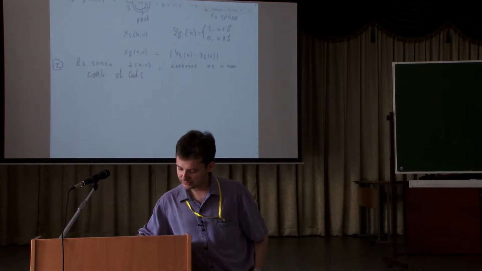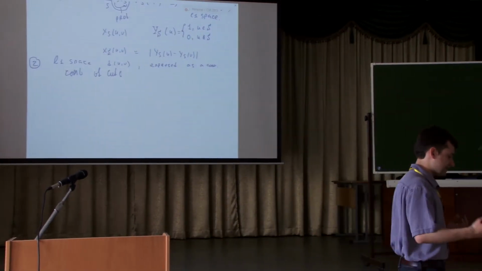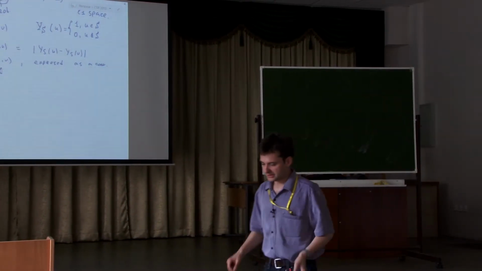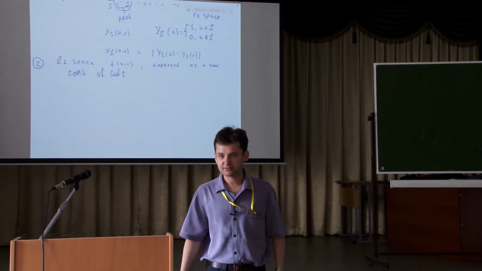So when we express any metric space as a convex combination of cuts, the maximum distance is not going to be more than 1, so there may be some scaling parameter.